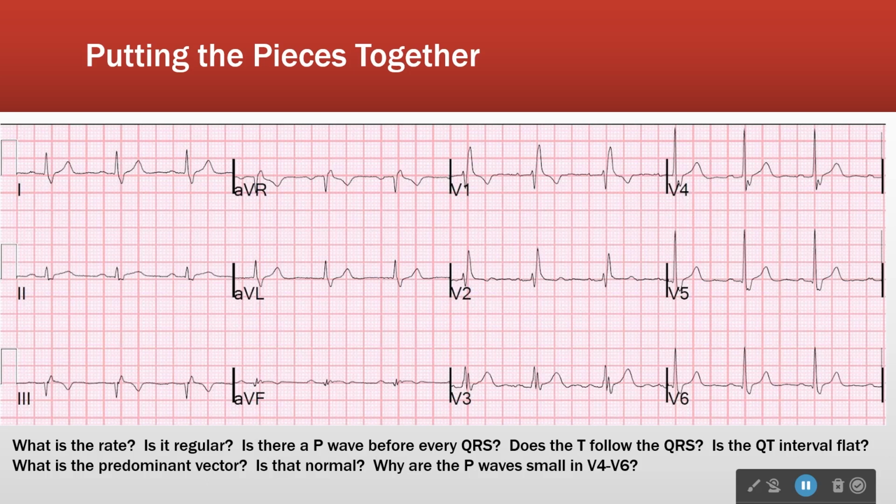T wave, you can ask yourself, is there a T wave after every QRS, right? Less important question, but a decent question instead. I took that one out. Is the QT interval flat? Right? So back up between Q and T. So what do you think?